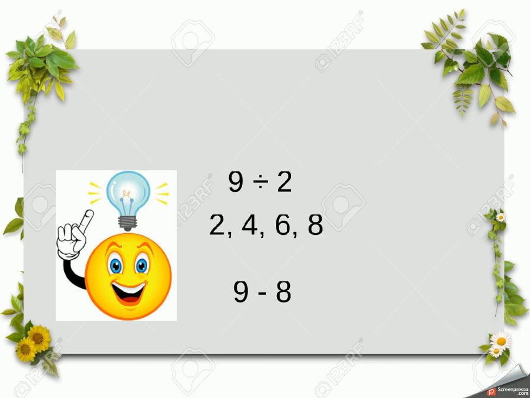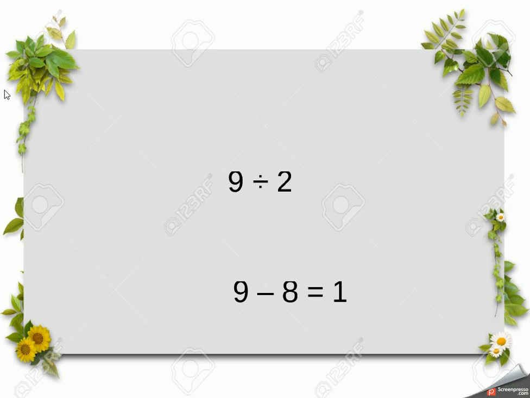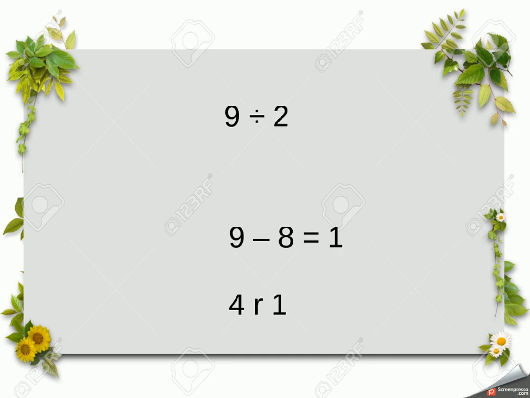And that tells me I have got 1 unit left over. And the way I'd write that then is that 9 divided by 2 is 4 with a remainder of 1. And I've written it 4R1, where R means remainder.